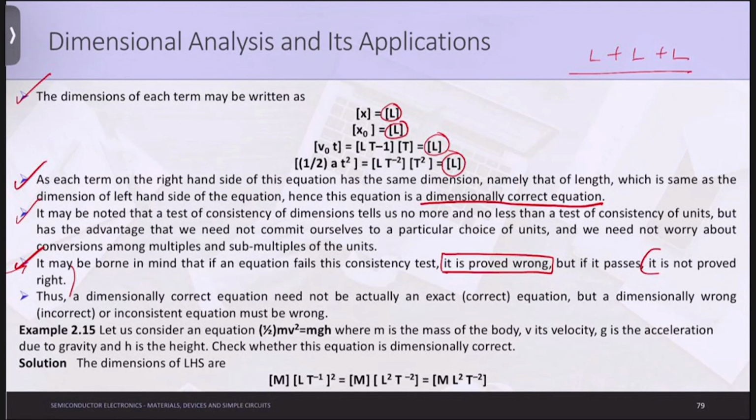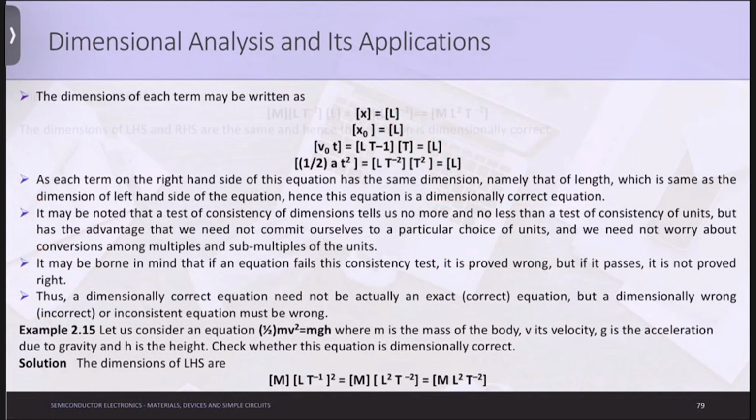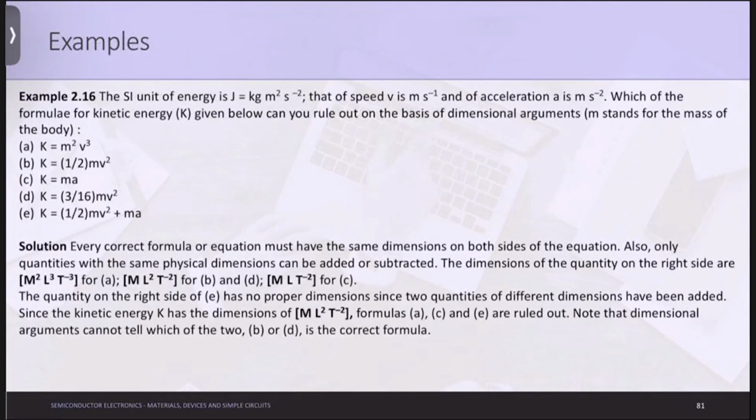But if it is consistent, there is a higher chance that the equation is right, but it depends upon the accuracy with which we are finding out the answer. Maybe there would be a k factor required there, or maybe a term having the same dimension would be required. Okay, so that being said, let's look at these examples and move forward.